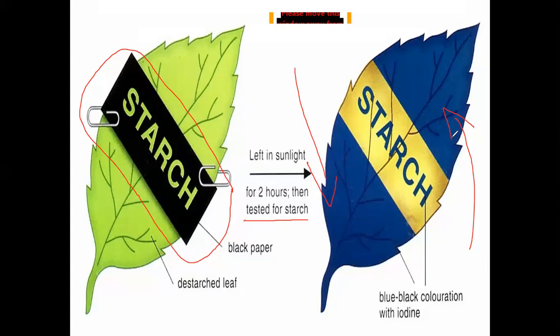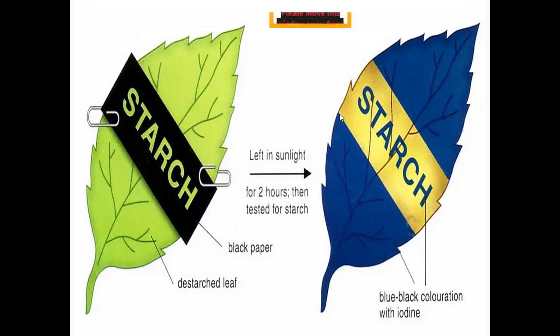This is the interpretation. If I ask, what can you conclude? The conclusion should be, in general, light is important for the production of starch. We can make it a little bit more beautiful. We can say that light is important for photosynthesis. That is the conclusion, which is in general.